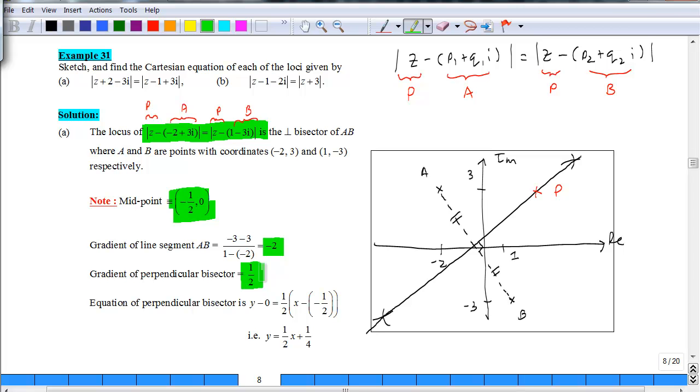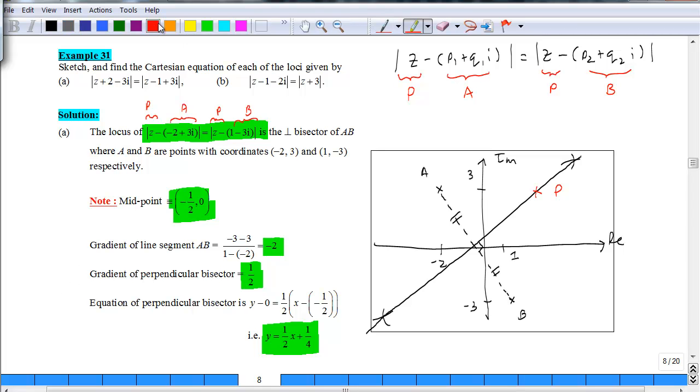Having the gradient of the perpendicular bisector and also the midpoint, you can always form the equation of the perpendicular bisector. I shall not delve too deeply into finding the equation, because you can always use your equation of a straight line to find the equation of this perpendicular bisector.